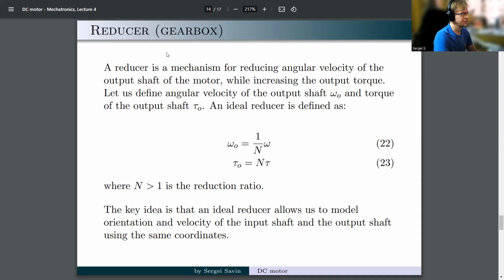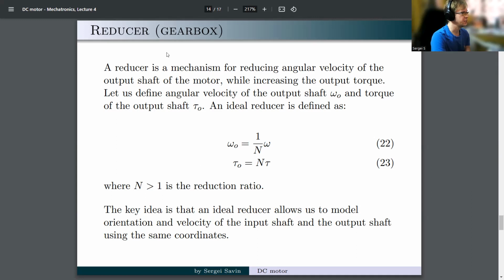It is almost always advantageous to reduce angular velocity, because tasks don't usually ask for such a high angular velocity. Be it a motor that drives a wheel of a robot, or a motor that drives your robot arm, or almost any other thing, the angular velocity is almost always sufficient or even too large. There are notable exceptions, such as drones, which do not use reducers. For them, angular velocity is exactly fine.